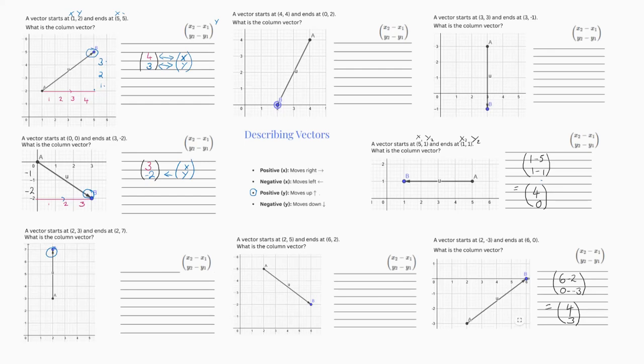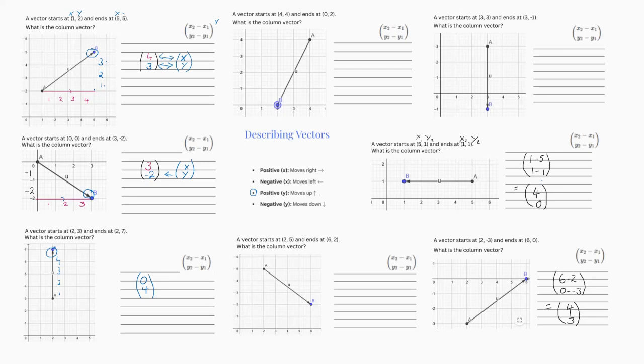So our y is 1, 2, 3, 4. But you can notice there isn't anything on the x-axis. As there's no x to work from, because it's just straight up, you're going to have a 0. So our x is 0.